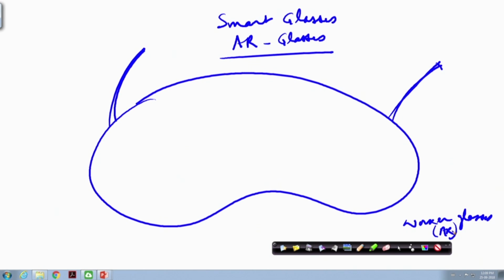So, these glasses could help, using suitable augmented reality implementations, to get details of, let us say, leakage of toxic gases, leakage of not just toxic gases, but also maybe leakage of oil in a manufacturing plant, maybe some machine, some oil is getting leaked and so on, or maybe some other chemicals, leakage of other chemicals.